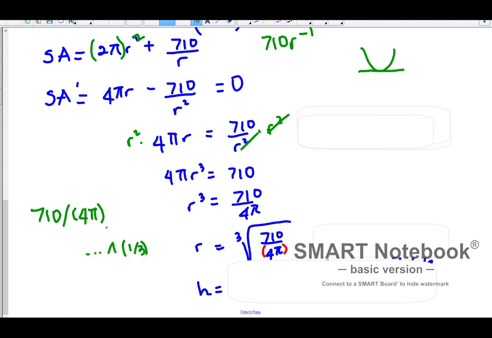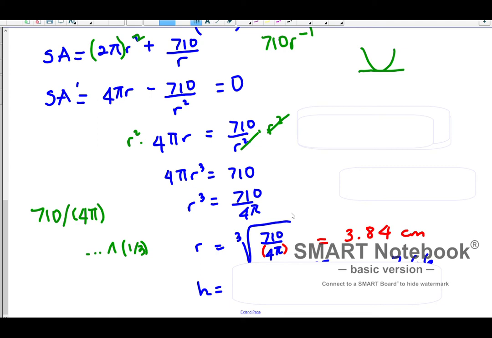Or you can use the cube root symbol hidden under your math menu. So if you do that, you will get r equals 3.84 centimeters.